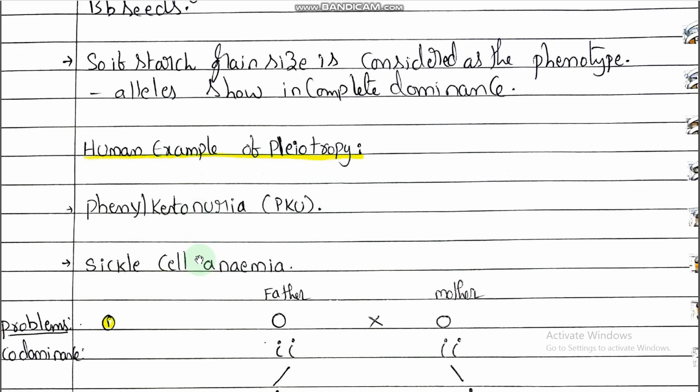These two are different types of genetic disorders, and we will discuss them in later topics. Phenylketonuria and sickle cell anemia are examples for pleiotropy in humans, right?